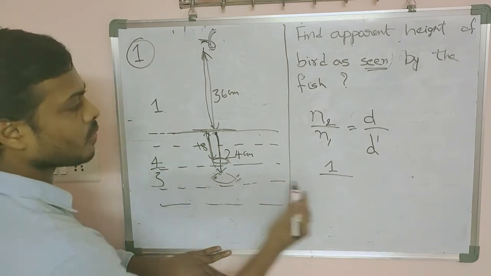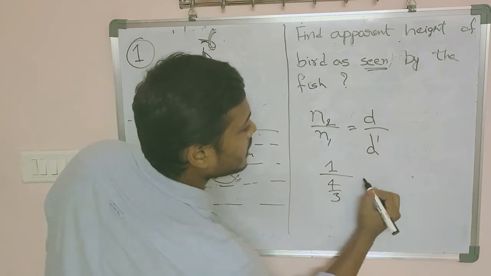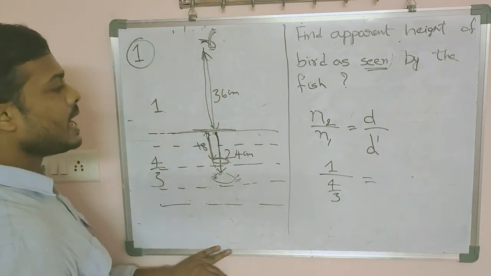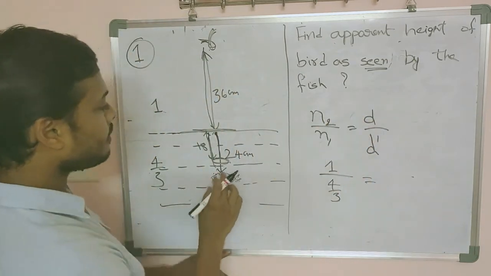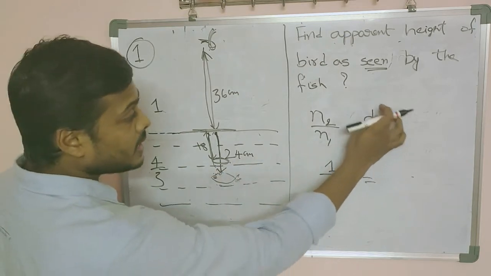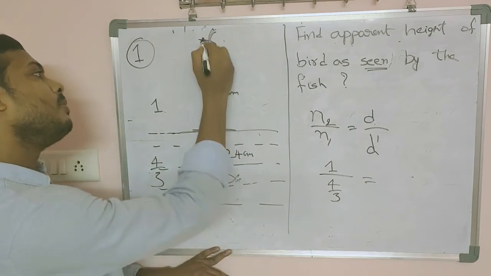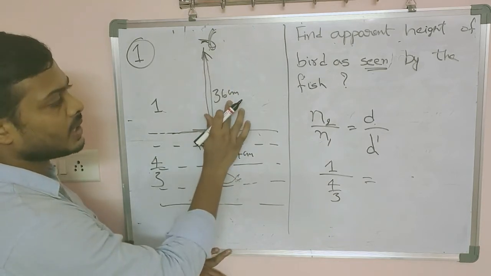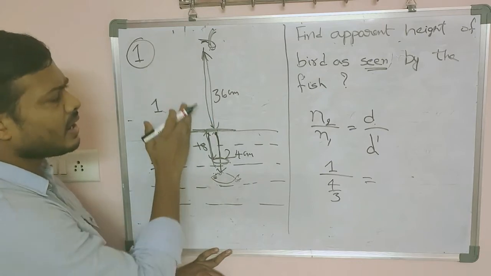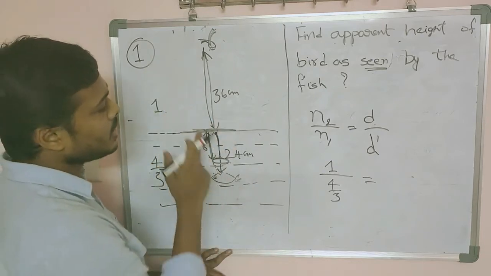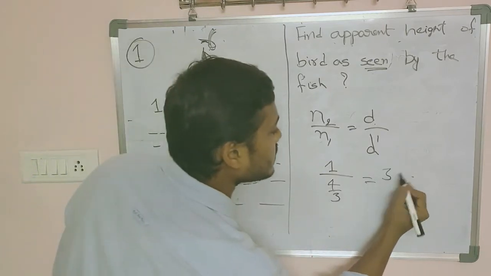So 1 by 4 by 3 is equal to D by D dash. What is the real depth as seen by the fish? Real depth is calculated from the boundary. This is the real depth, 36 centimeters, or real height, you can say. 36 centimeters.